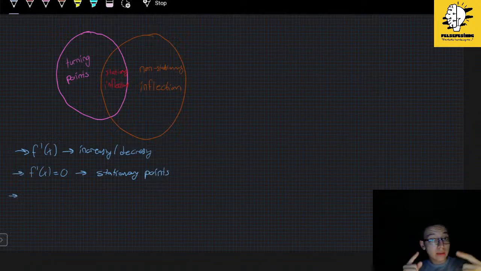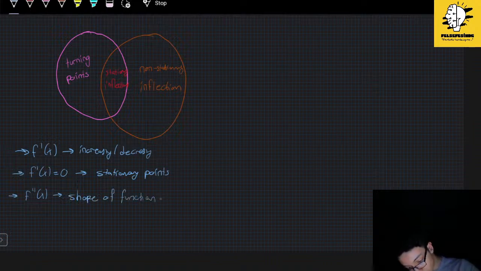Then the sign of f second derivative x tells us the shape of the function, meaning what? Concave up or down. This is what we learned from here.